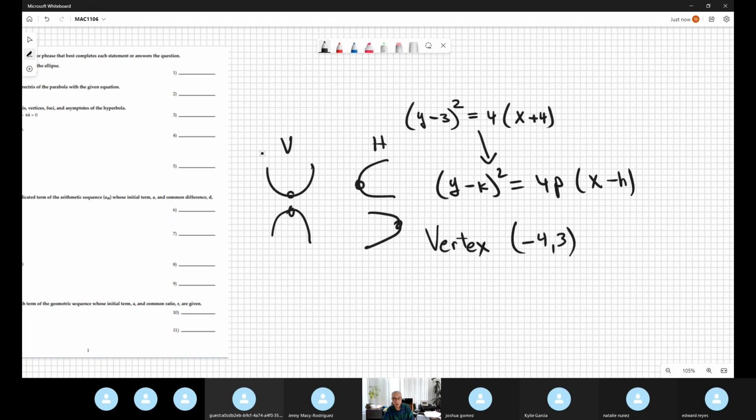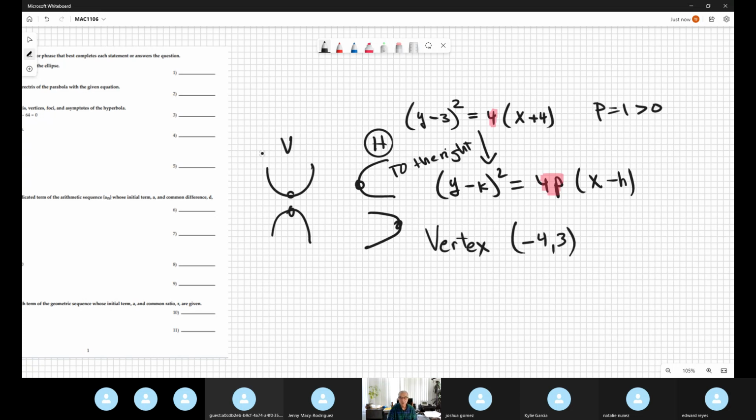Okay. Now I also compare that 4, that is the coefficient given here, is equal to 4p. It's obvious that p is 1. And if p is 1, that is positive, then the parabola opens to the right. We are talking about a horizontal parabola, no? Open to the right. Make sense?